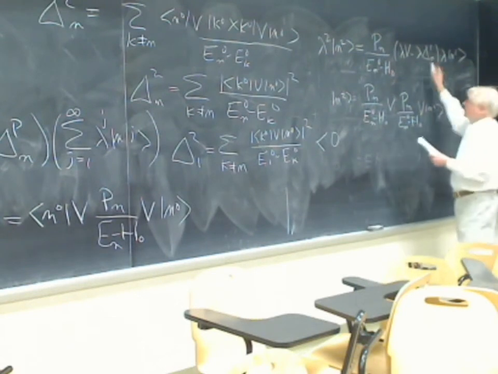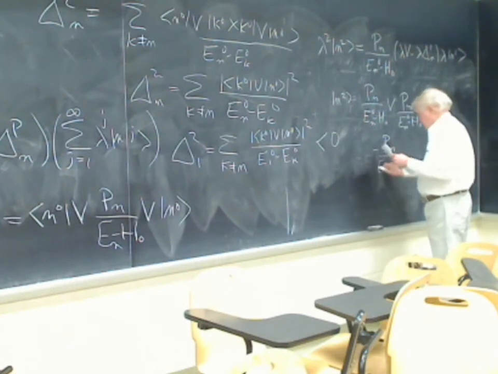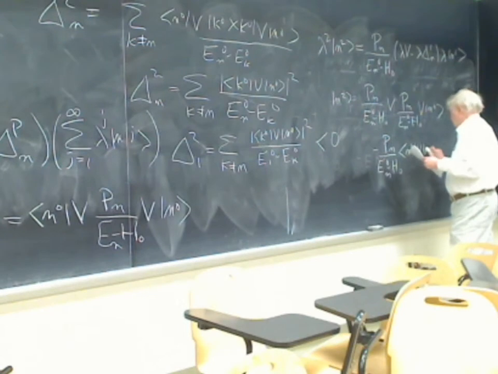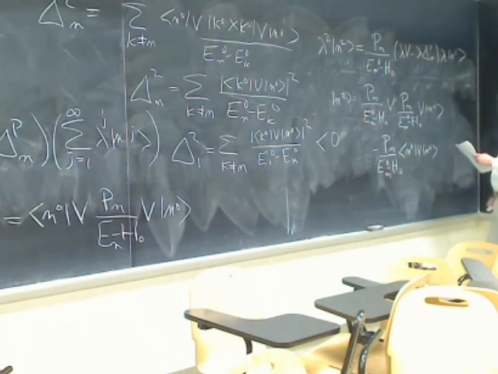And then this one gives us a minus P sub n over E n0 minus H0, N0 V N0, P sub n V N0, and then over E n0 minus H0.